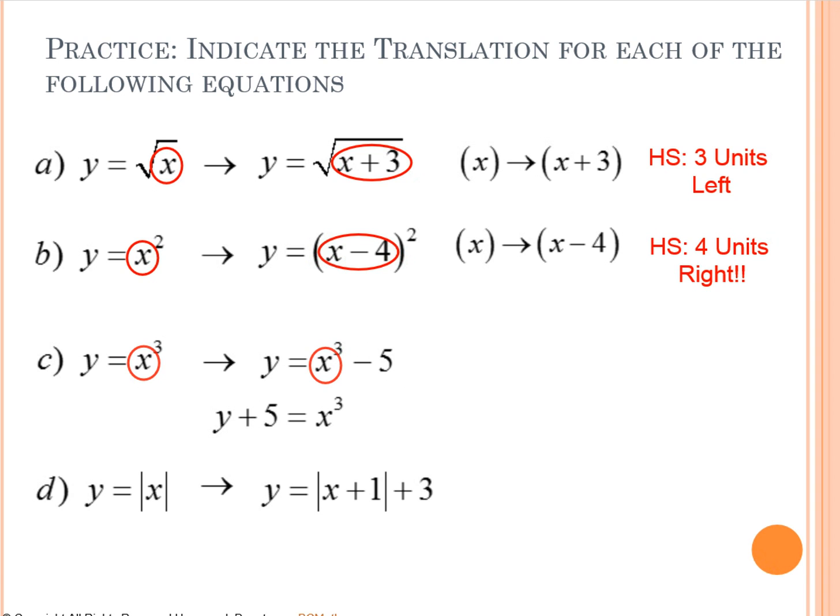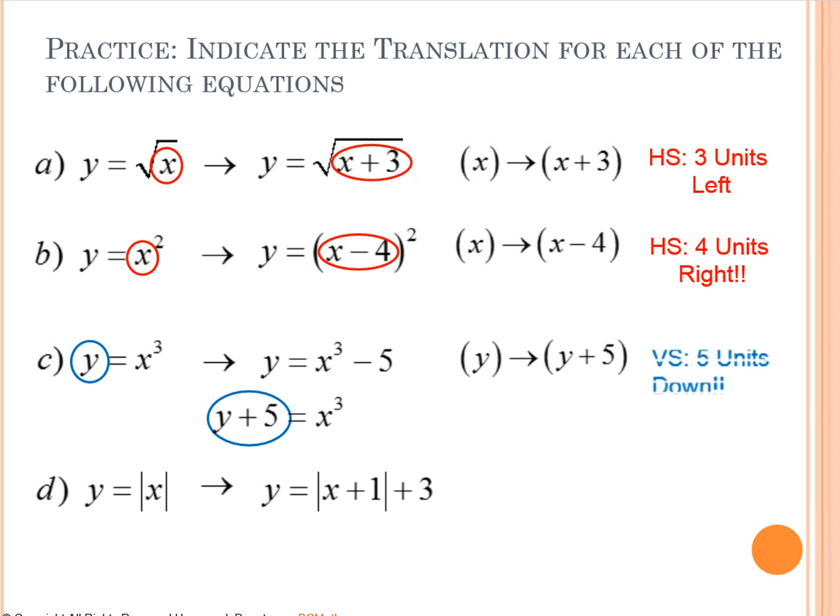And when that happens, I see that my x values are not being changed, but in fact my y values are being changed. So y is changing from y to y plus 5. That represents a vertical shift of 5 units down. So once again, if you see a y plus 5, the opposite of a plus is actually going down.